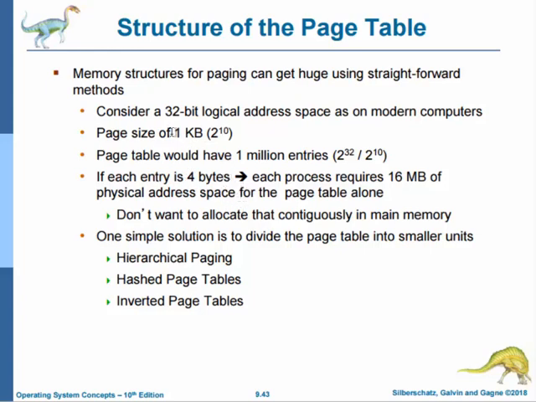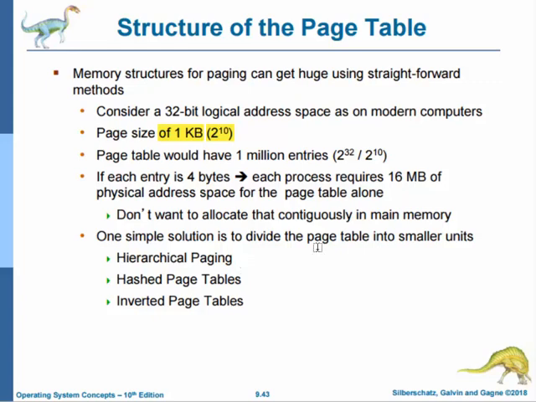If it is 1 kilobyte, then it's 2^10. So the page table may consist of over 1 million entries, or 2^32 over 2^10. Alright? If each entry is 4 bytes, then each process requires 16 megabytes of physical address space for the page table alone.